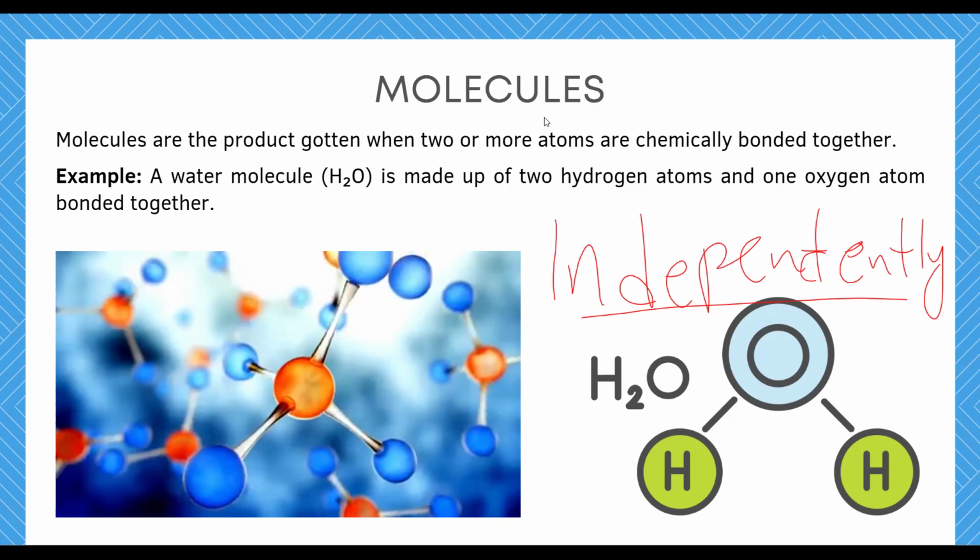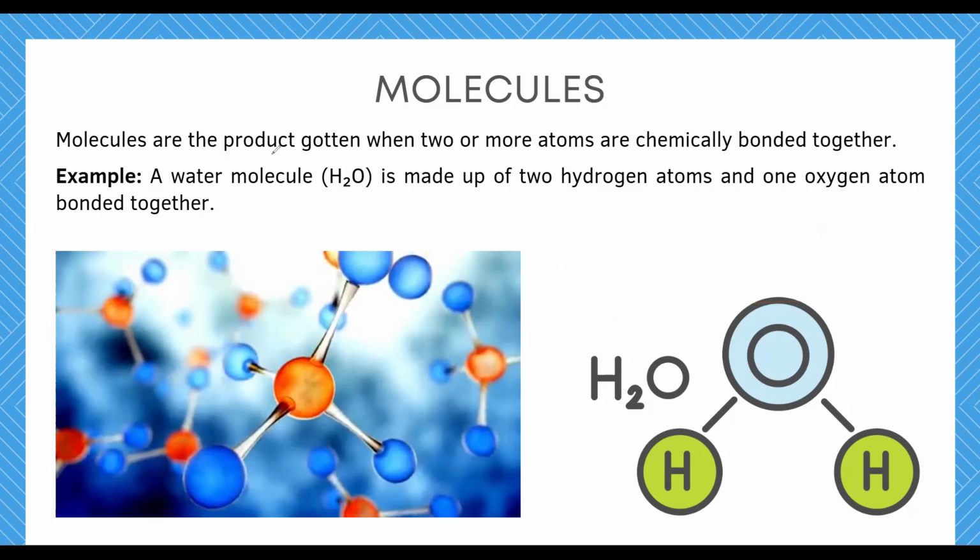Beautiful. So here is another definition. The definition you gave, Dominic, is absolutely correct. But for the sake of being very simple, here is another one. Molecules are the products that are obtained when two or more atoms are chemically joined together.